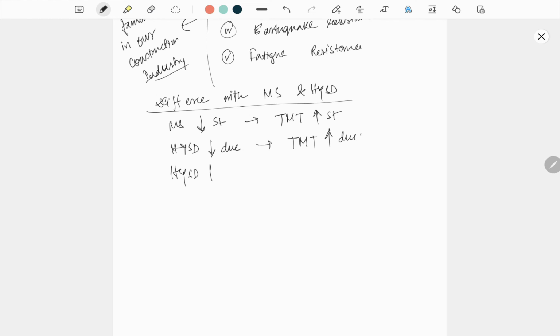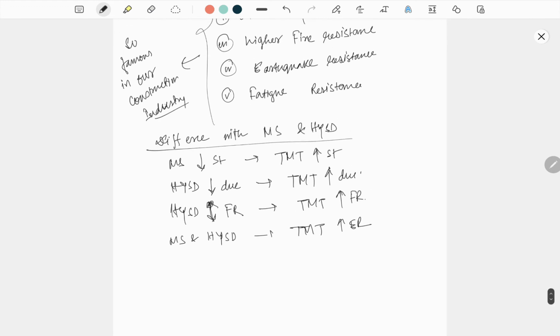HYSD has lower fire resistance, whereas TMT has high fire resistance. MS and HYSD have a moderate amount of earthquake resistance, but TMT has more earthquake resistance. These are the main differences why the construction industry prefers to use TMT bars.